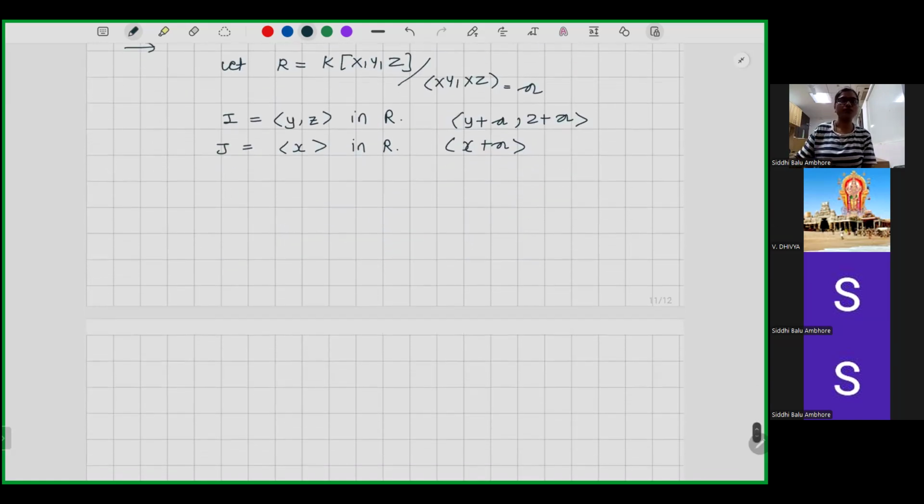Okay. So height of J in R is looking at the dimension of R mod J. Let us first calculate the dimension of R. Dimension of R is what?